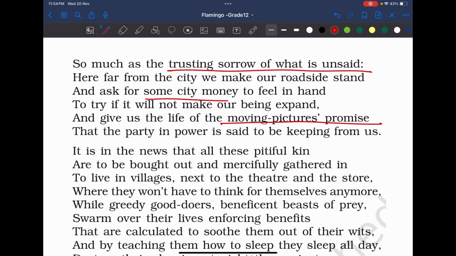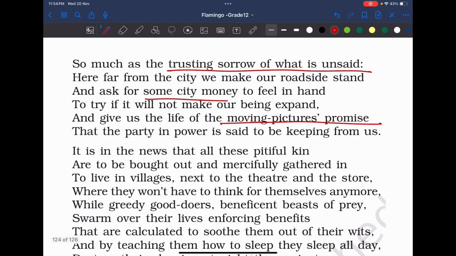So for me, the complaint is not about the damage to the beauty or the scenery. It is about how these people are also a part of the government, the democracy, and these people also have the right to get their promises fulfilled, because obviously the politicians, when they came for votes, promised them something.